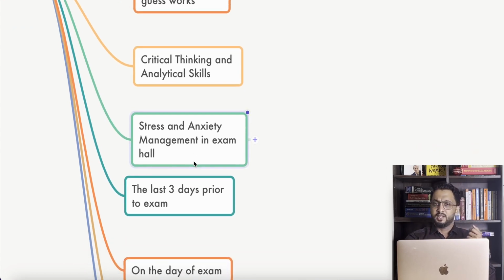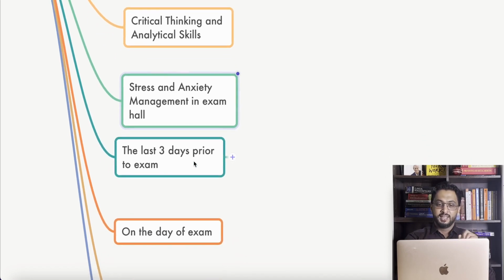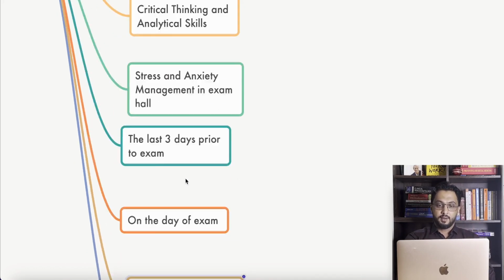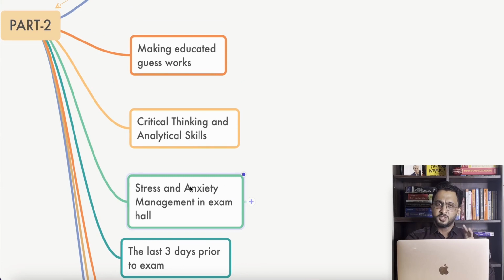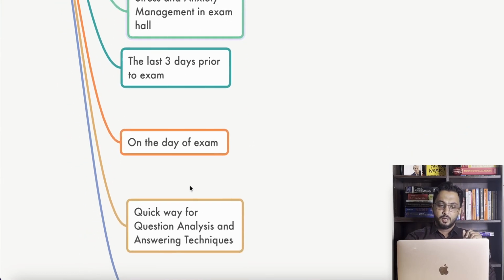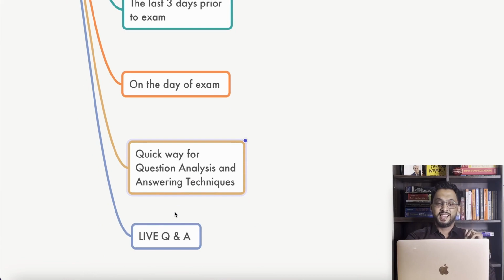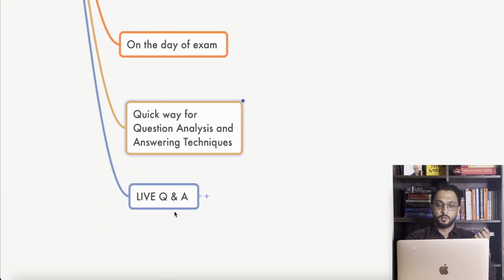Stress and anxiety management in the examination hall, not during your studies, and very importantly, the last 3 days prior to the exam and on the day of the exam. This stress management has to be practiced early. Then a quick way of analyzing a question and answering the question.